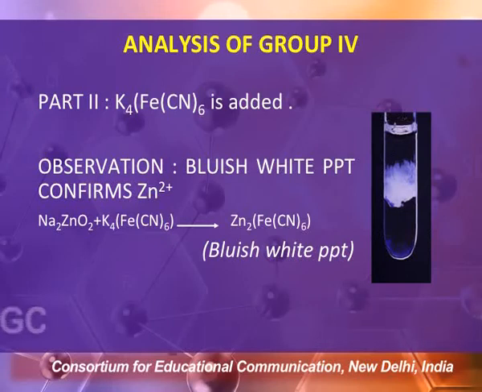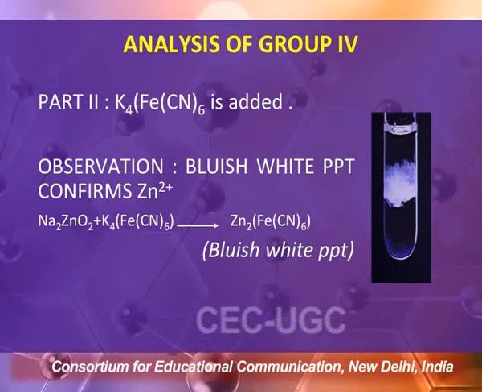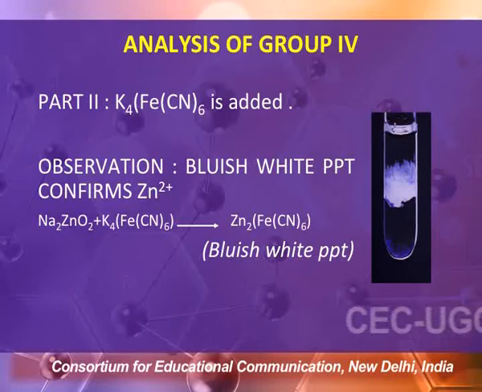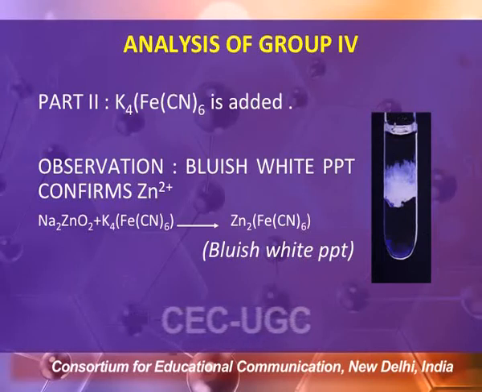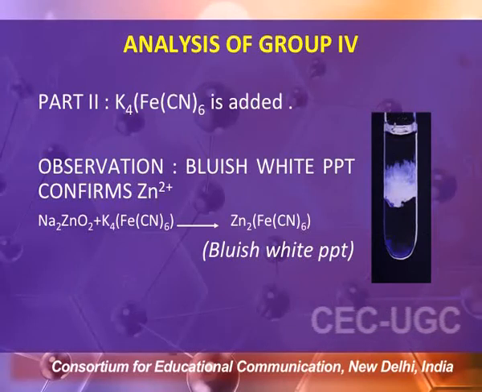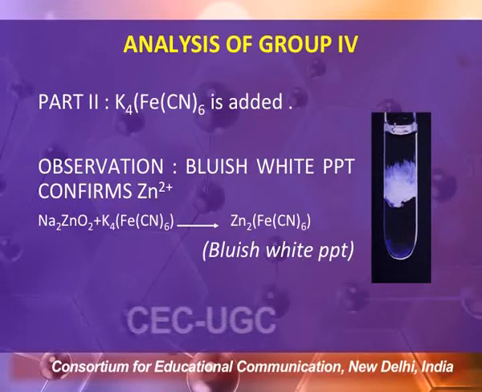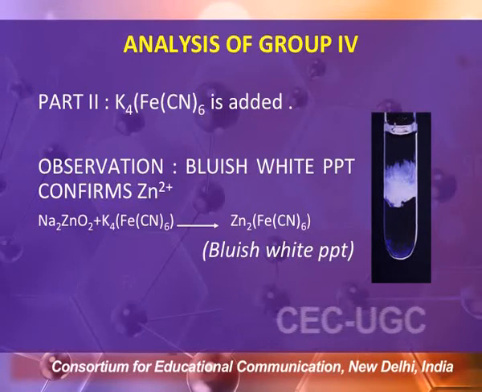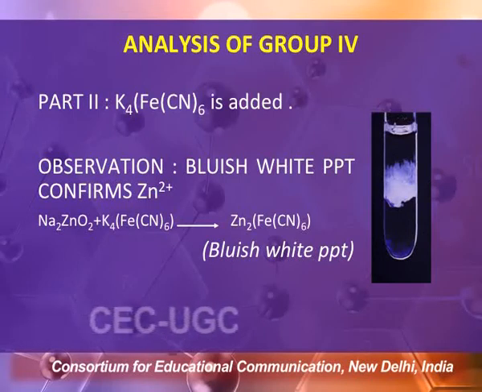If upon adding potassium ferrocyanide, bluish white precipitates are obtained in the solution, it confirms zinc ion in the solution, and the adjoining slide shows exactly the color of the bluish white precipitates of zinc ferrocyanide, which is shown in the following equation. Sodium zincate reacting with potassium ferrocyanide gives zinc ferrocyanide, a bluish white precipitate, confirming the presence of zinc ions in the mixture.